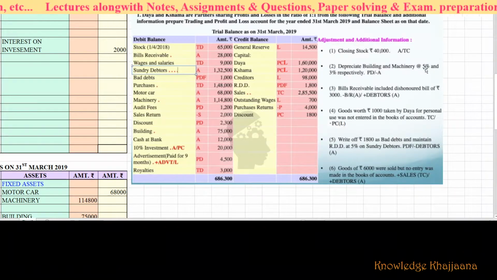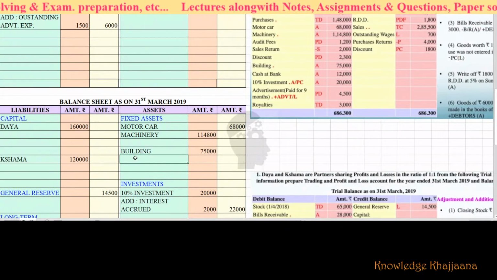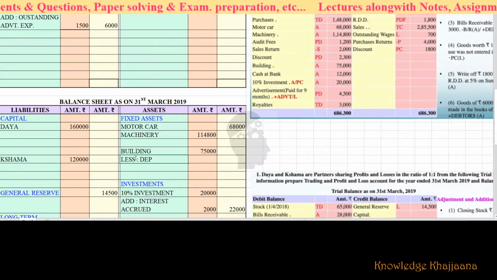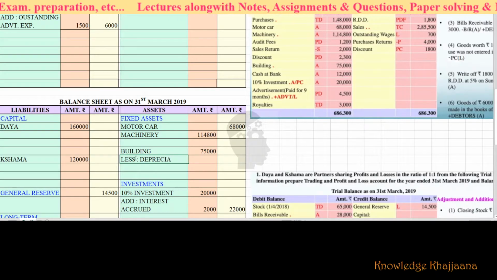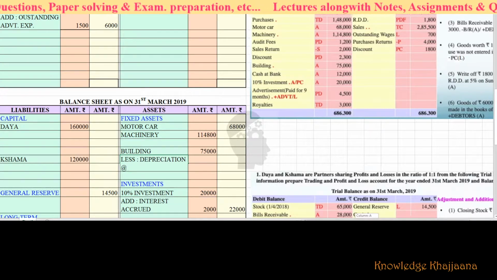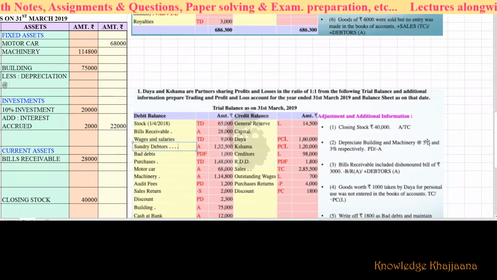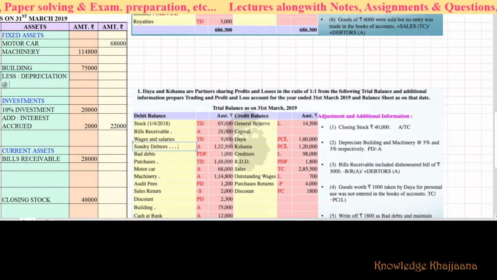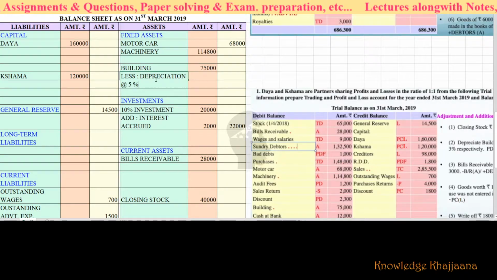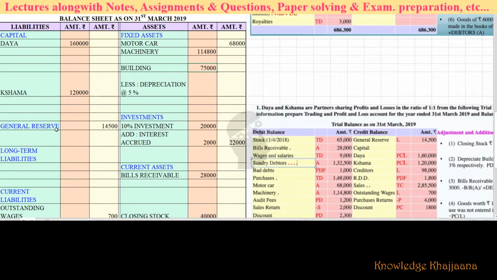Depreciation, building, less depreciation at the rate of 5%. Okay, so what is the amount of building? 75,000. So how to calculate the 5% of 75,000?